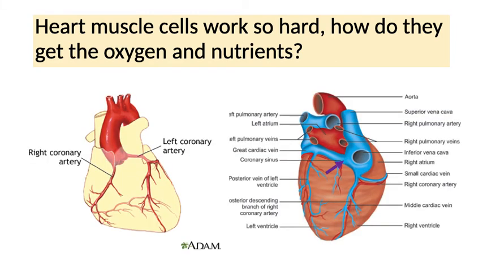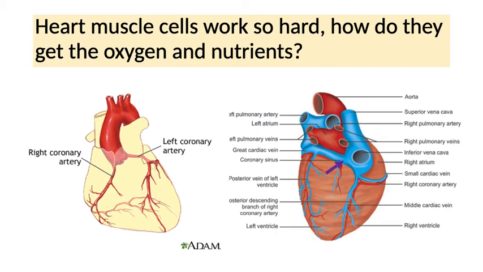The answer to the question is the left and right coronary arteries. Coronary arteries are basically two arteries that come out directly from the aorta to bring fresh, oxygenated blood to the muscle cells of the heart. You can see that our heart receives the freshest blood because they are very close to the beginning of the aorta.